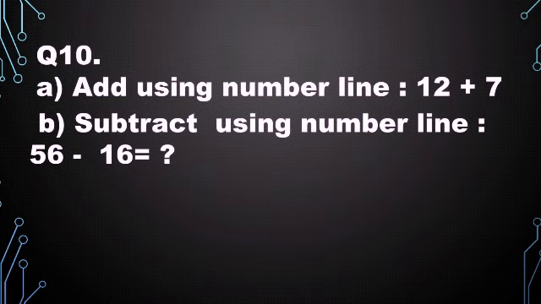Now let us discuss question number 10. The first question is to add using a number line: 12 plus 7, and subtract using a number line: 56 minus 16. Why is the number line question a diagram-based question? Because you have to draw it properly with proper measurement.